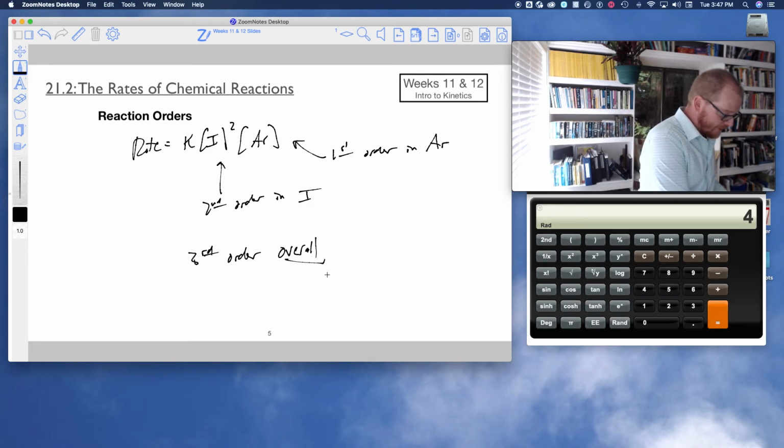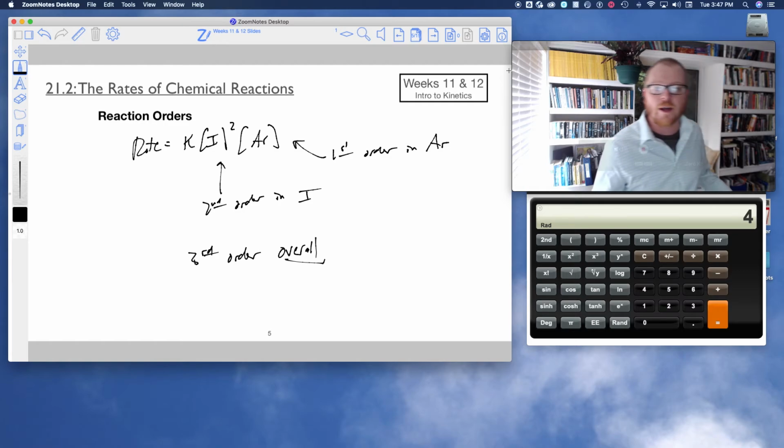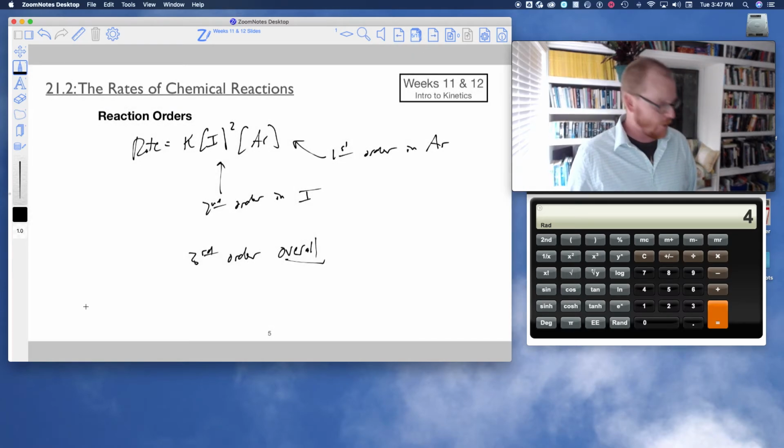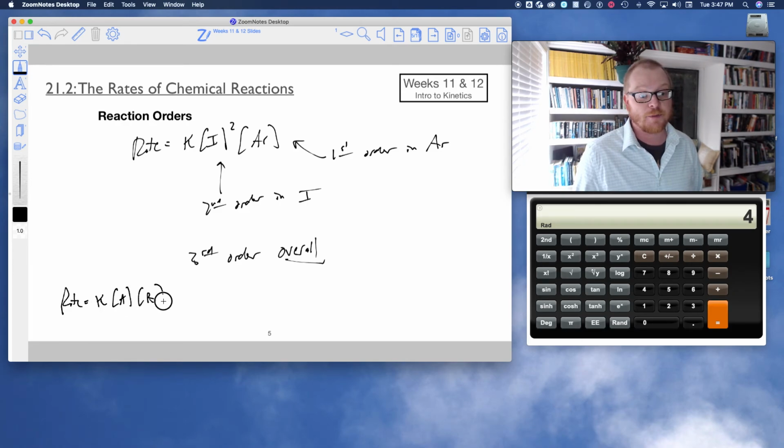So let's see here. Or like another one, let me just back up. Now I think I know why I had all this other stuff. So to give you another example, let's suppose that a rate equals K times A times B. So let's suppose it worked out like that.